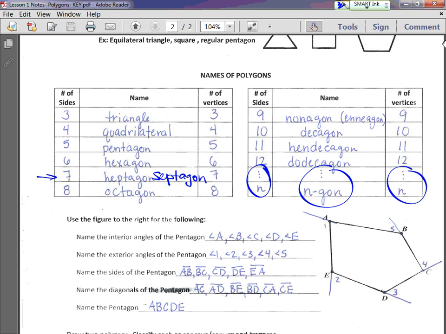Alright, so now let's take a look at the bottom part here. Your angles: we're talking about interior versus exterior angles. Your interior angles are angle A, angle B, angle C, angle D, angle E. For exterior angles, remember we just extend the sides.